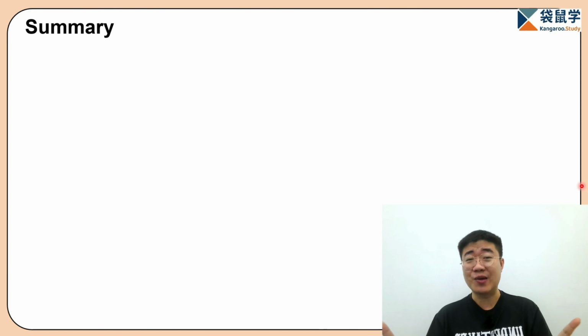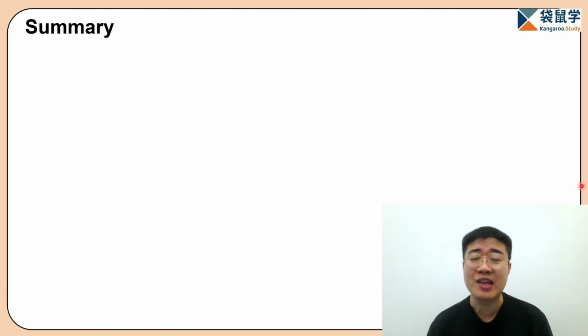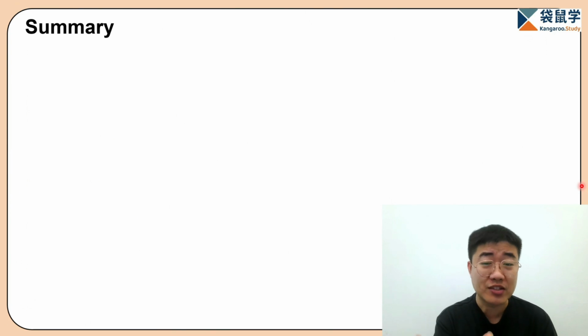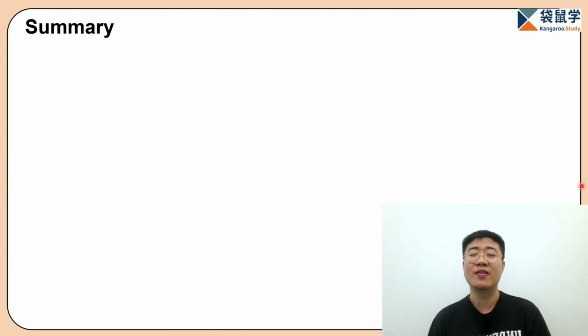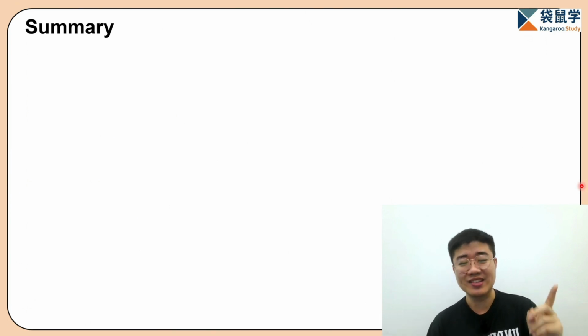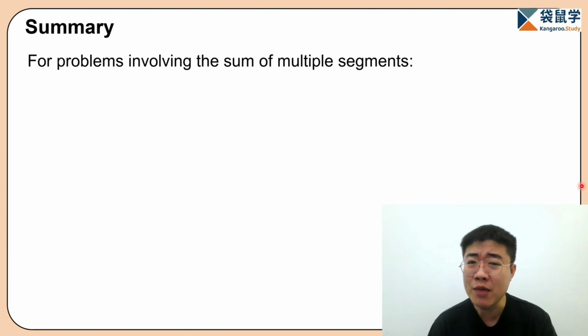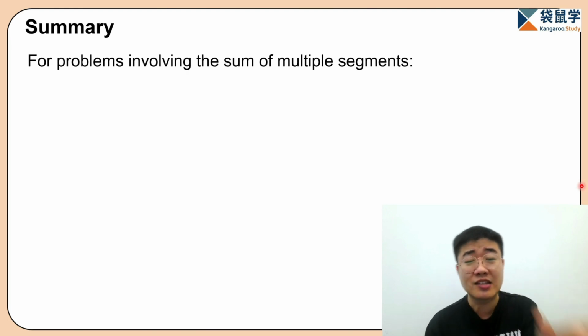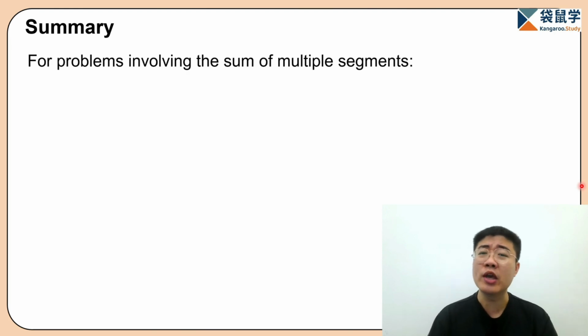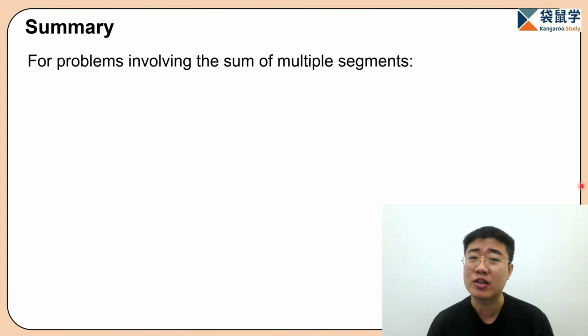Because the dog is not always going in the same direction, it's difficult for us to find every single path that's traveled by the dog. So in this case, for problems that involve many segments, what we can do is treat all the individual paths traveled by the dog as one whole group.